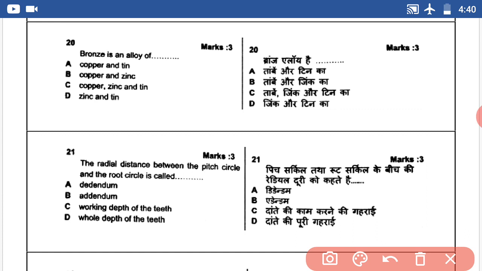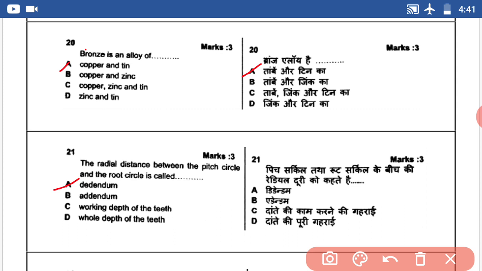Bronze is an alloy of dash. This question's answer: copper and tin. Answer A. Question number 21. The radial distance between the pitch circle and the root circle is called dash. This question's answer: dedendum. Answer A.